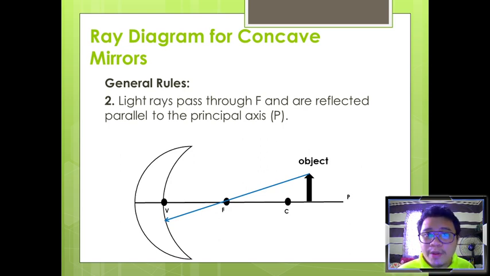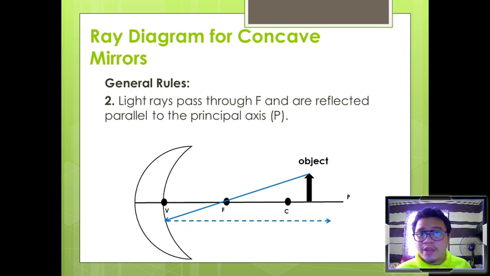According to the rule, they are reflected parallel to the principal axis. So, I'm going to mark the point where my light ray has struck the mirror, and after that, I'm going to reflect it parallel to the principal axis. Okay? So you notice that my reflected light rays are always denoted with a dashed line so that we can easily trace where the image is formed afterwards.